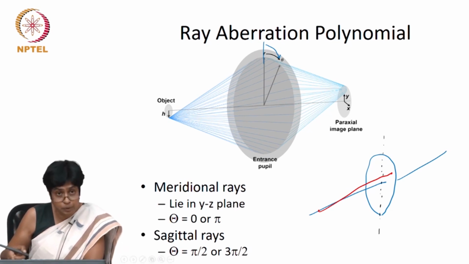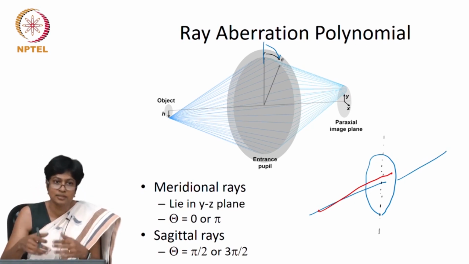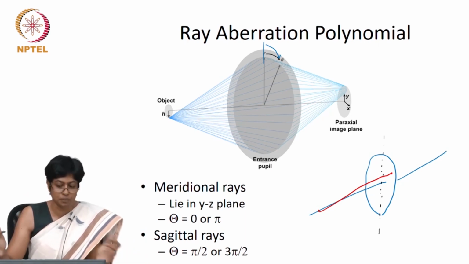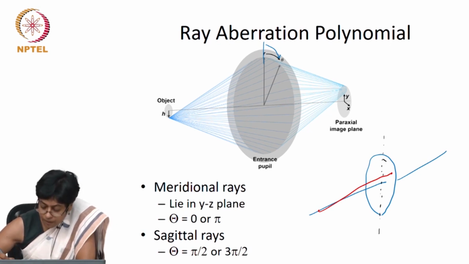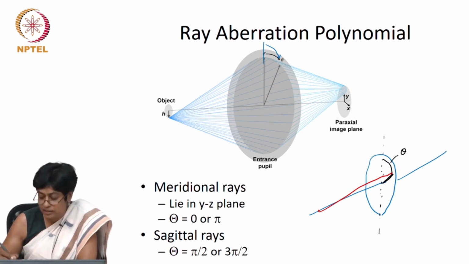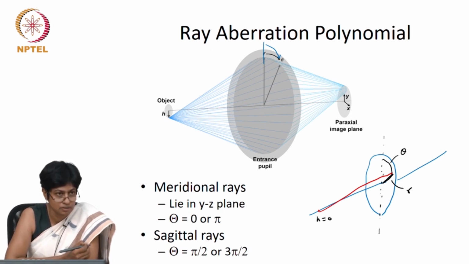This is the entrance pupil of our system. In this case, if you consider it to be a single thin lens, it's the entrance pupil, exit pupil, and aperture stop. What are the coordinates here? Well, its angle from the y-axis is theta, and its distance from the origin or the optical axis is r, and h is 0 because we have taken an on-axis point.